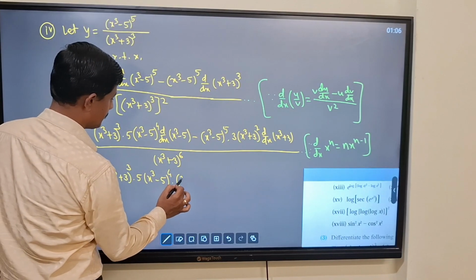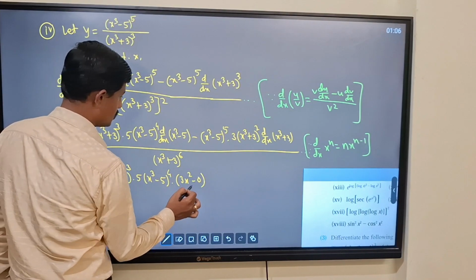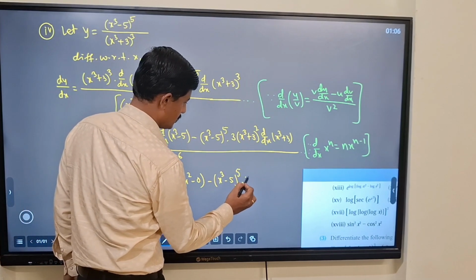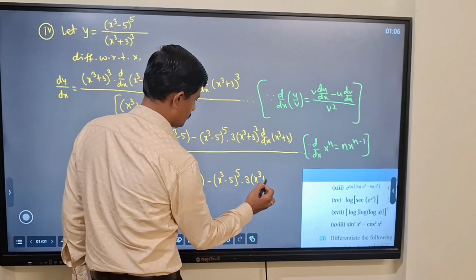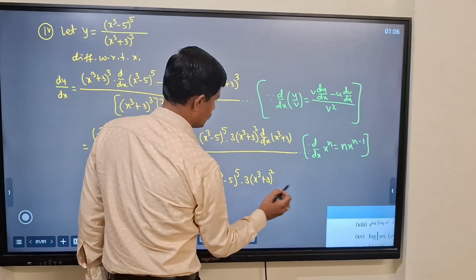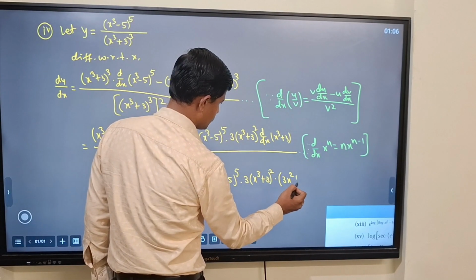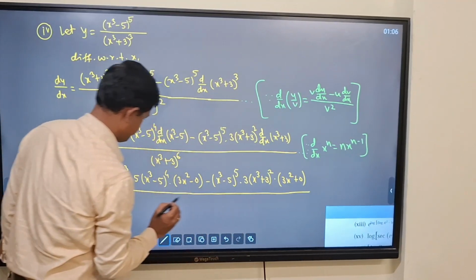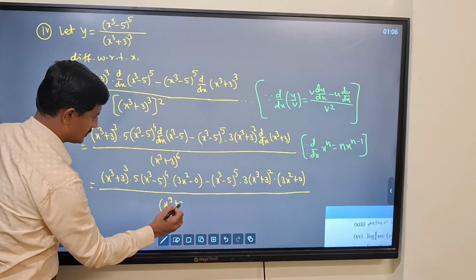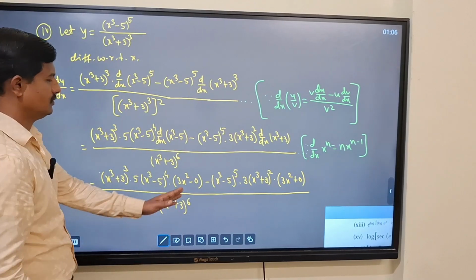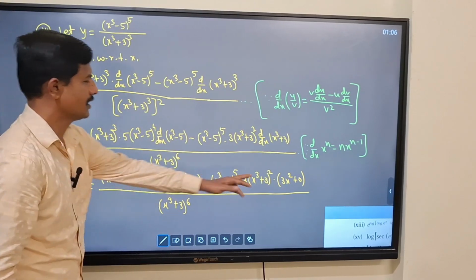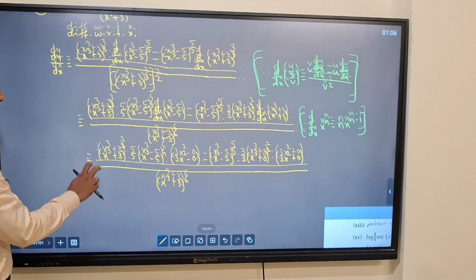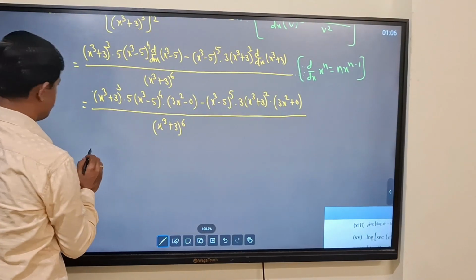This becomes 3 x square minus 0 minus x cube minus 5 raised to 5 into 3 x cube plus 3 whole square into 3x square plus 0 upon x cube plus 3 raised to 6. Now you can multiply this with this and that with this, and you can stop the answer here. But if you want to simplify more, you can simplify it.